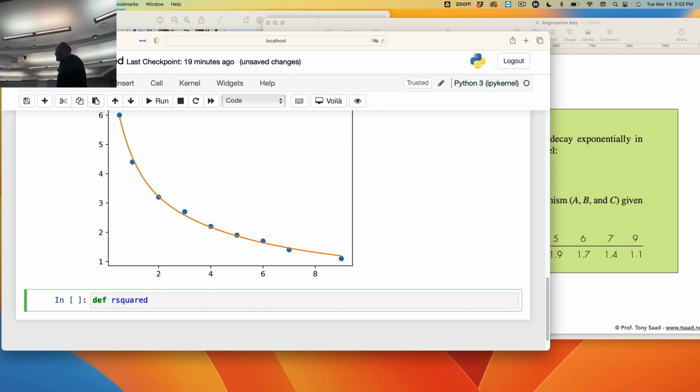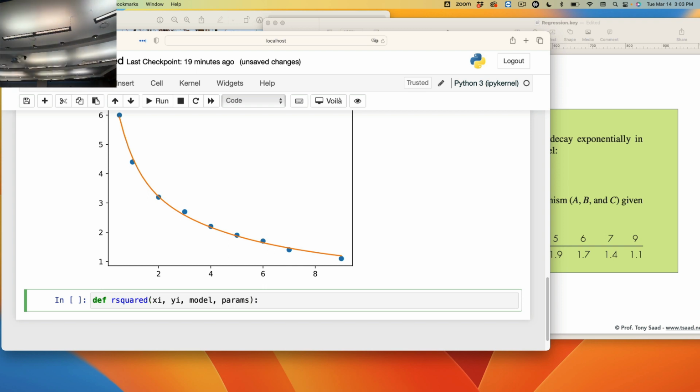So I'm going to define my R², and my R² needs xi data and yi data, a model, and a bunch of parameters, or let's call them params. Those are the parameters of the model.